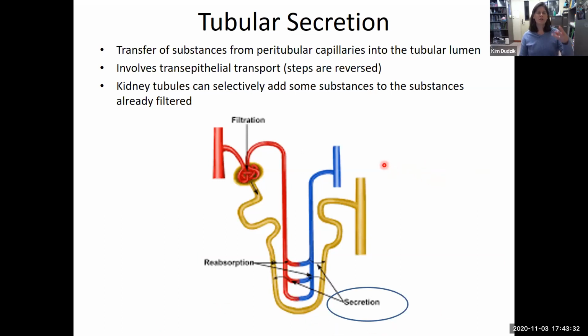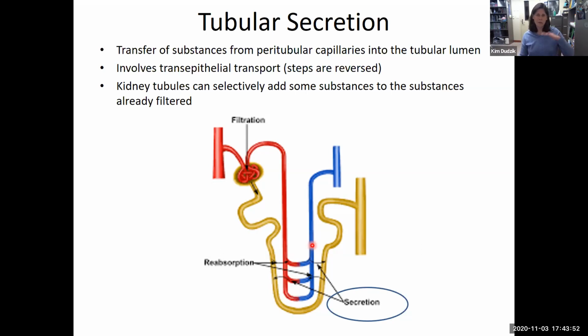Remember, I mentioned the third function at the nephron is secretion. Remember that we filter things here at the glomerulus, but we don't filter everything. Some goes by. So there might be some stuff as it's leaving the peritubular capillary that we still need to get out of the blood. And that's mainly potassium.